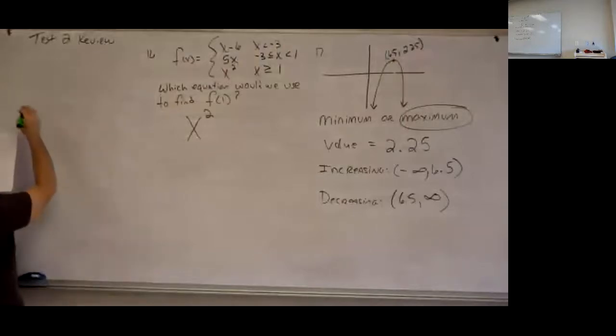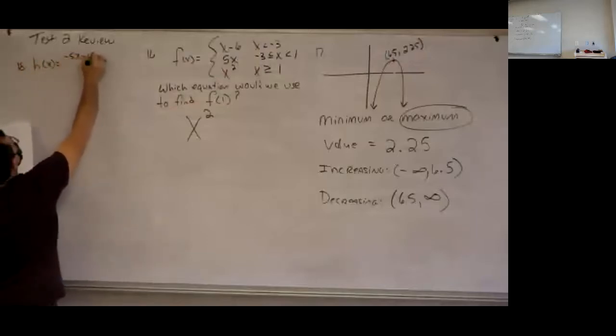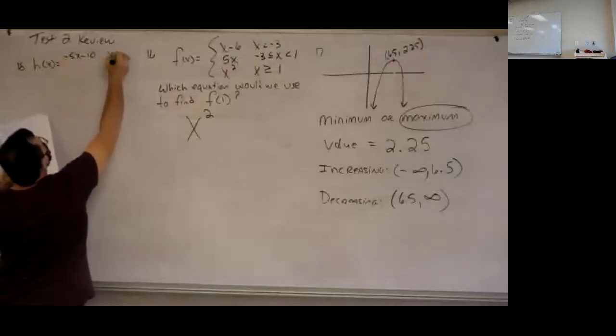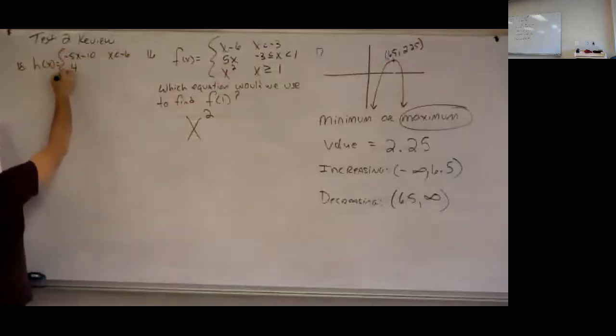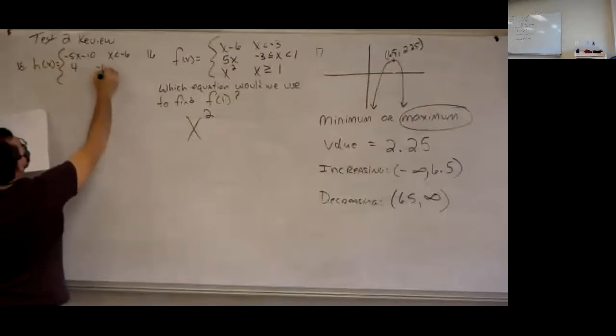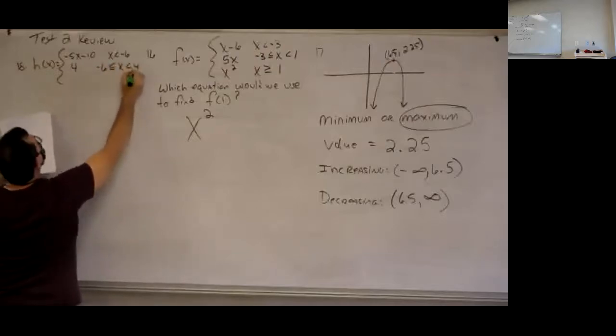All right, y'all, what's this? 18. h of x equals negative 5x minus 10 for x less than negative 6. It equals 4 for negative 6 less than or equal to x less than 4.